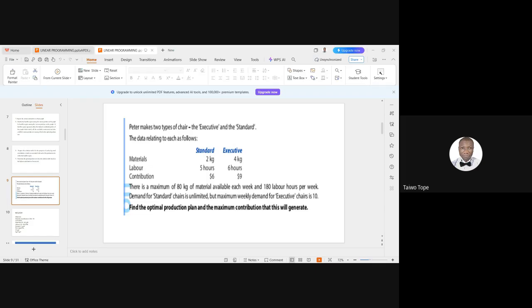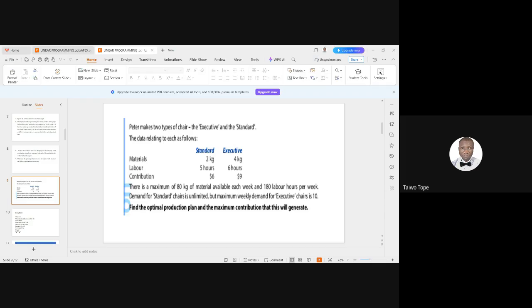So limiting factor is a concept that deals with how do I use what I have in the best possible way, where the resources are limited in supply. And in that class, we said there are various steps we must take note of when solving linear programming.